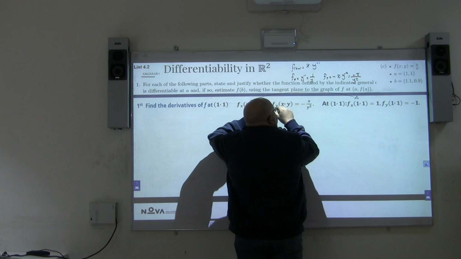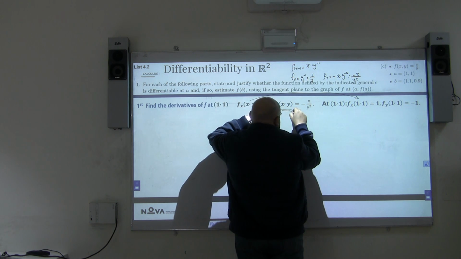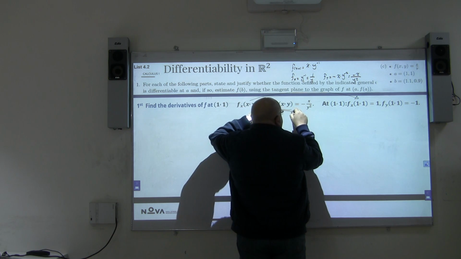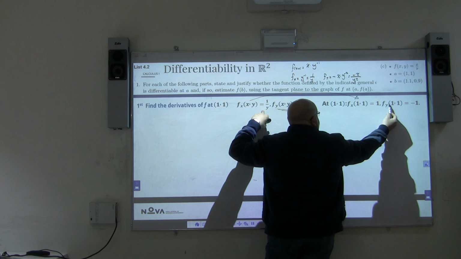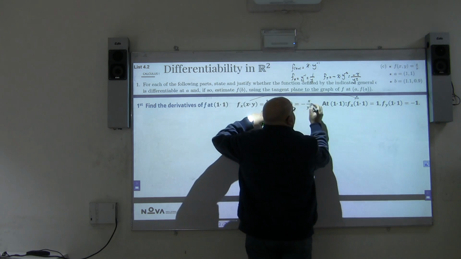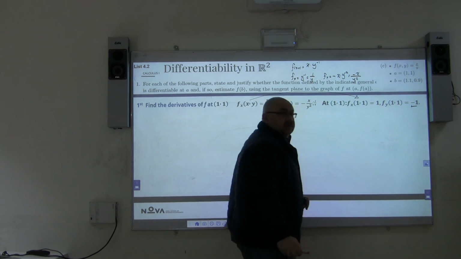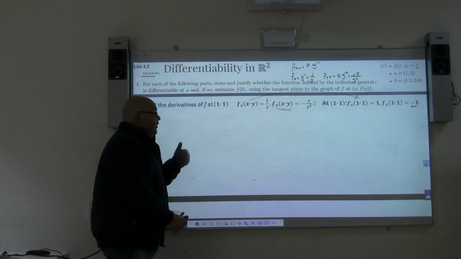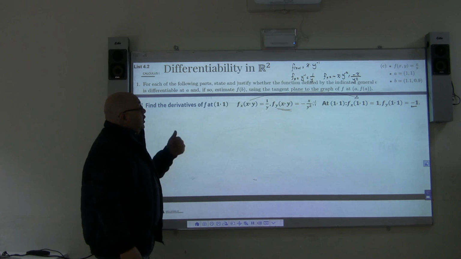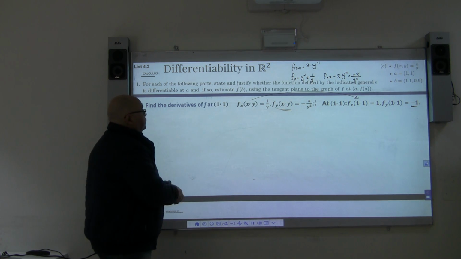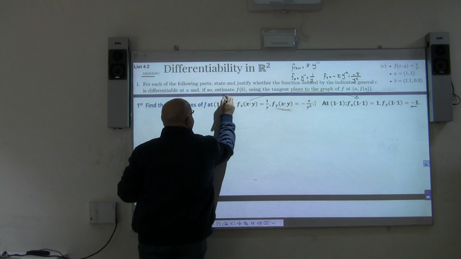And then f sub y, the first partial derivative in y, at the point (1, 1), will be negative 1 over 1, so the result is negative 1, as you can see. Now I have the value of the function, and f at (1, 1) is equal to positive 1.